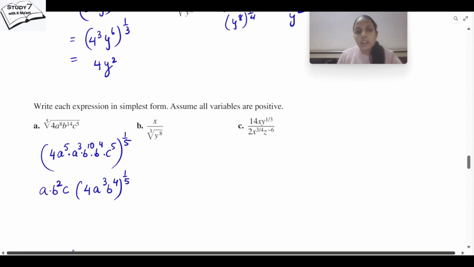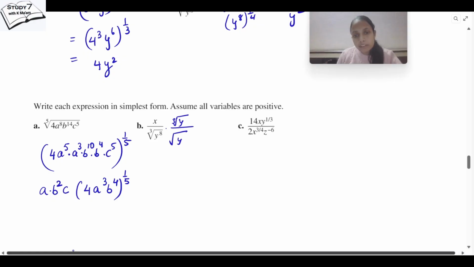Done. Now see this. It says y^8 and the cube root of 3. The denominator is a cube root. We have to bring the power to an integer here, not a rational power. y^8 is there and the outside is power 1/3. Cube root means power 1/3. So how much power do I need here? If it is y^9, then it is easy. That means I need one more y. So I multiply and divide with the cube root of y.